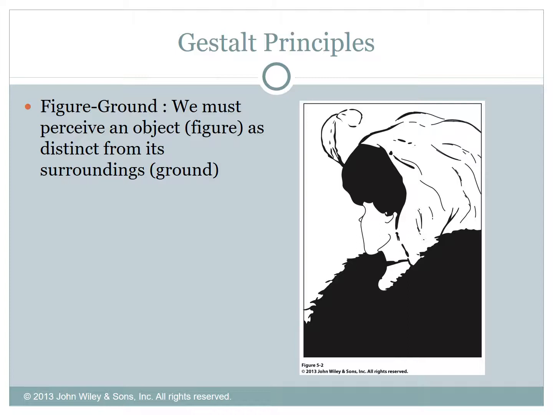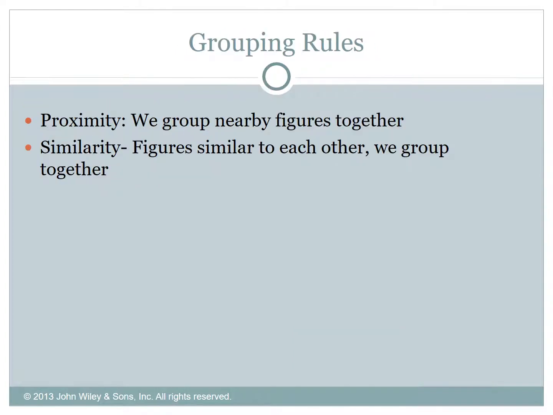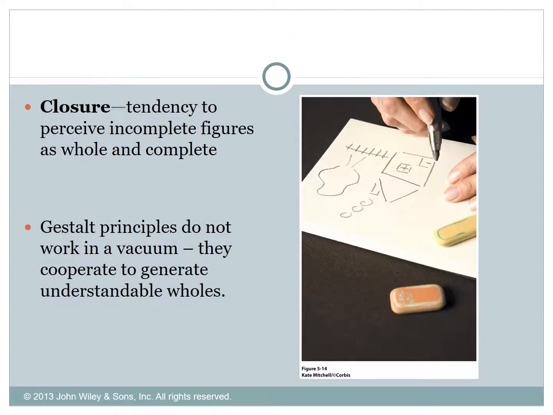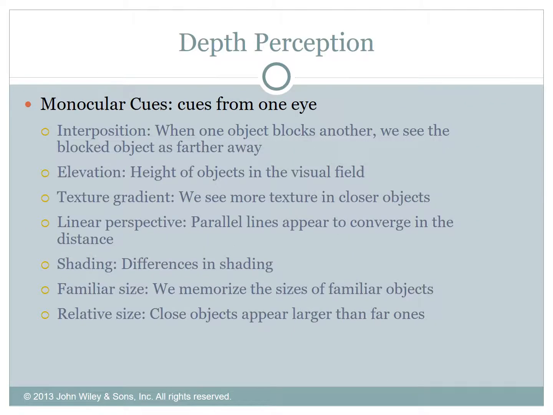This is a very common example of figure ground and ambiguous images. We also have, as I said, proximity and similarity rules. We group nearby figures together and we group similar figures together. Right? And then closure is a tendency to perceive incomplete figures as whole and complete. We fill in the gaps, essentially.